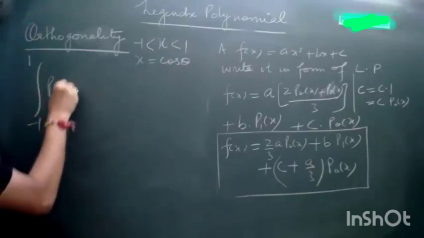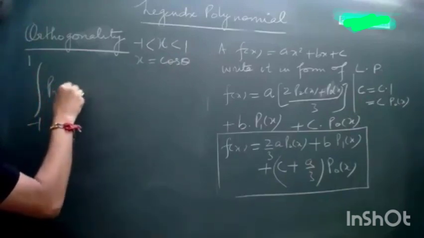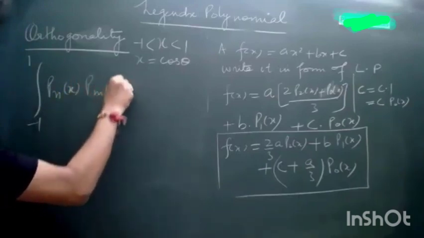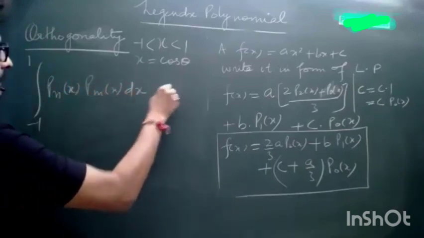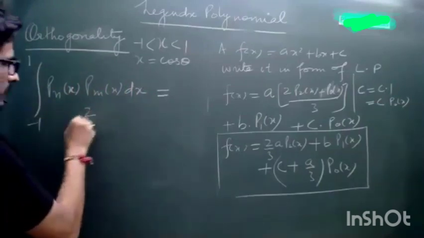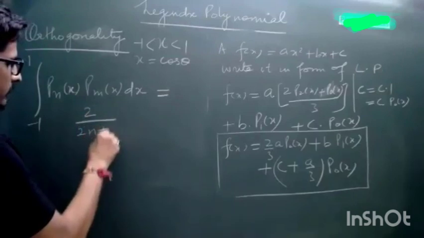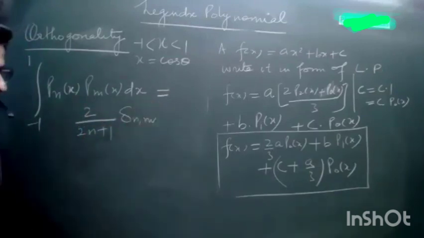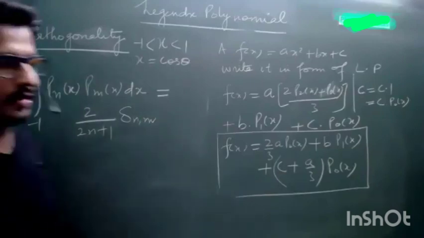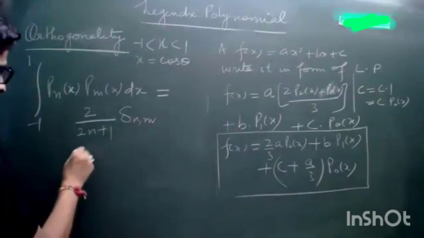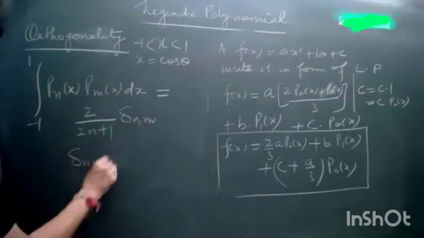So the integral of Pn x into Pm x dx is equal to 2 by 2n plus 1 times Kronecker delta nm. This relation is known as the orthogonality relation, and you know the meaning of this Kronecker delta nm.